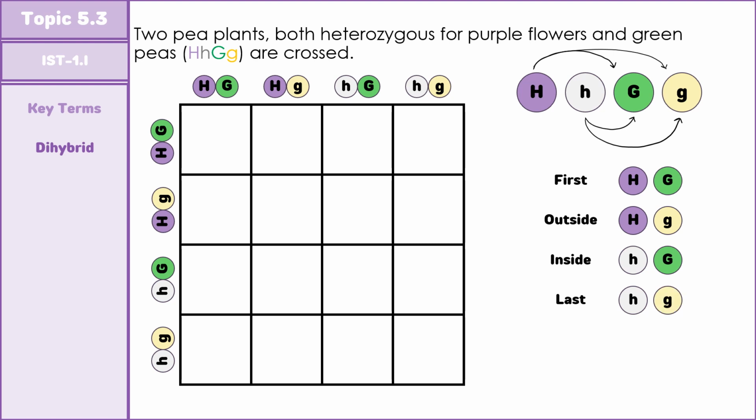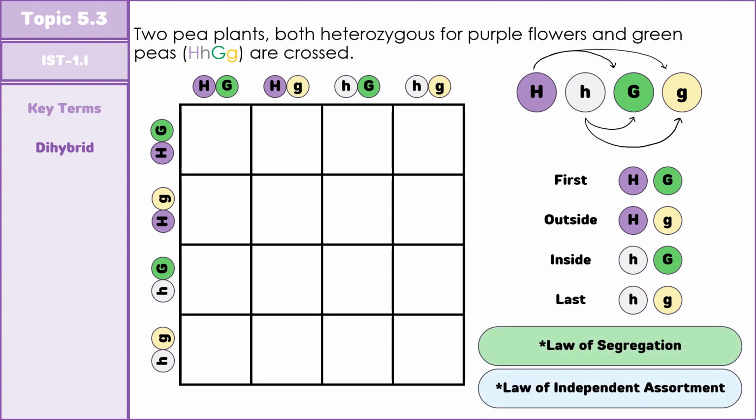This foiling process exhibits both our law of segregation and our law of independent assortment. So each of our gametes is getting one of our genes, and we have independent assortment of those two genes together.